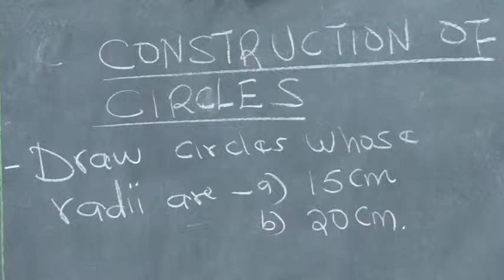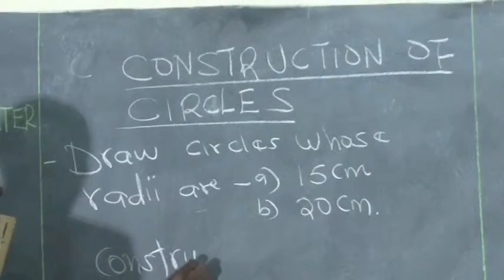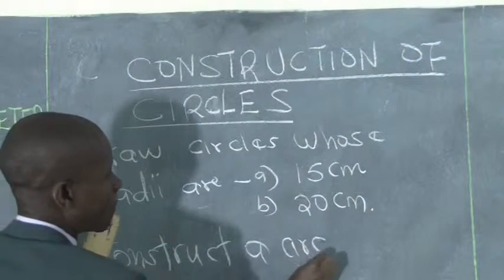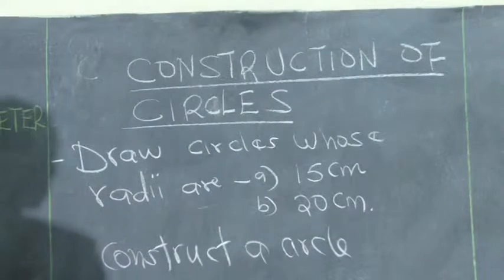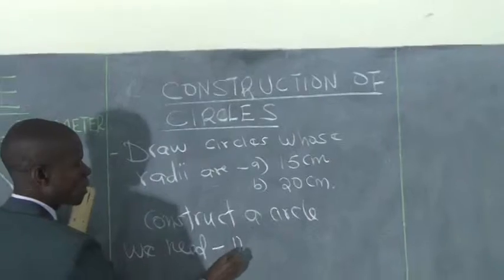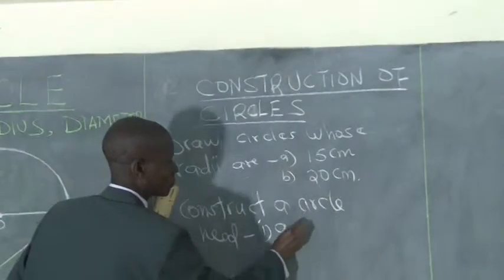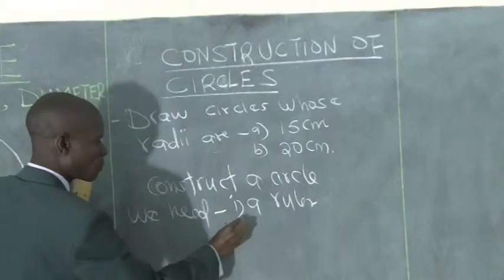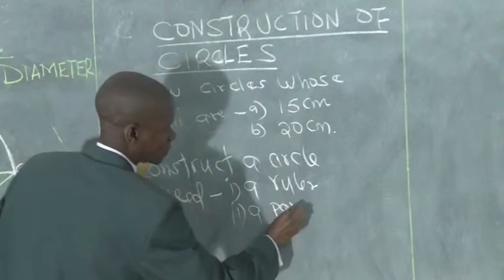To construct a circle, we need 1, a ruler. 2, we need a pair of compasses.